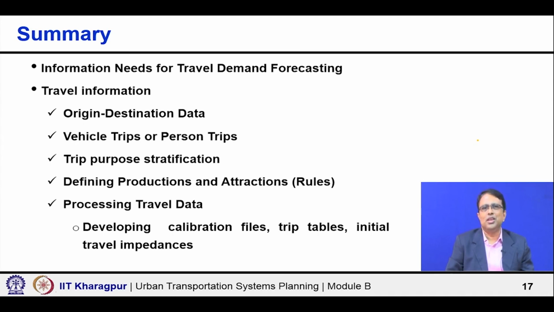We said that there should be no confusion about whether we need vehicle trips or person trips. If we are doing public transport work, we obviously need the person trip data. In other cases we may also use person trip data, but overall it depends on the purpose. What is the project about and what is its aim, the context; accordingly we have to take a final call.